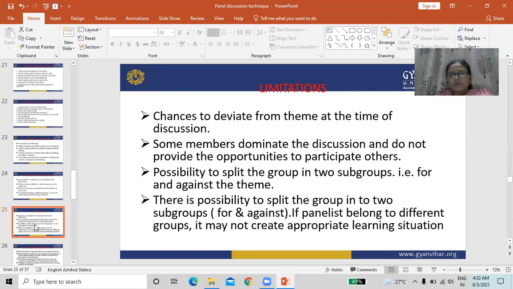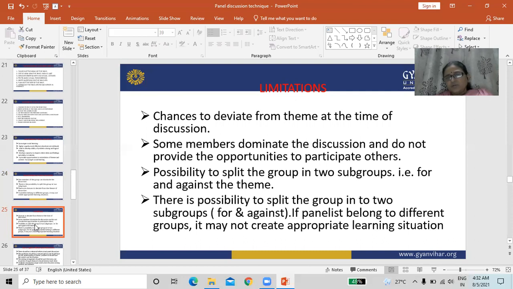Some member dominates the discussion and does not provide the opportunity to others to participate. So in this situation also moderator plays an important role. The moderator gives other persons the chance to put his or her point of view.